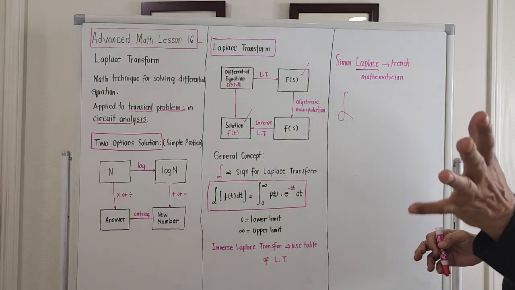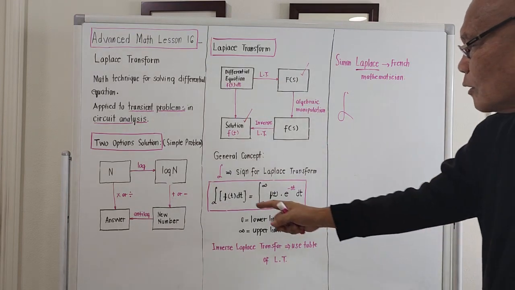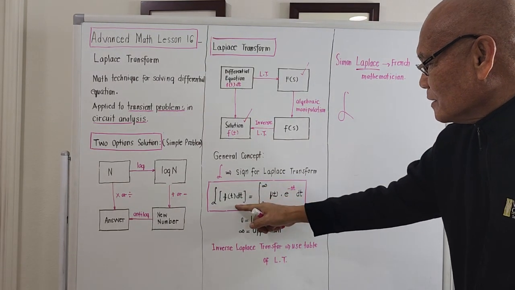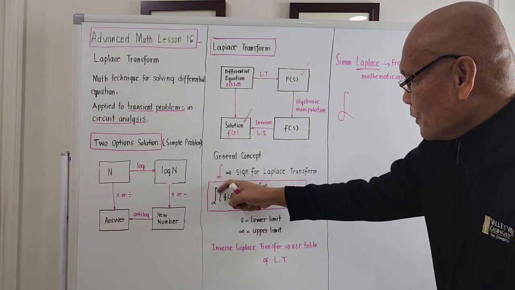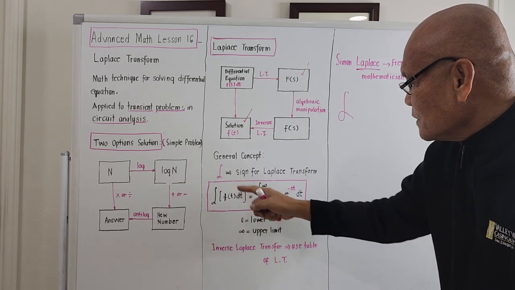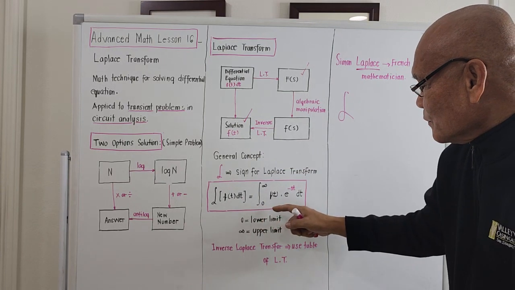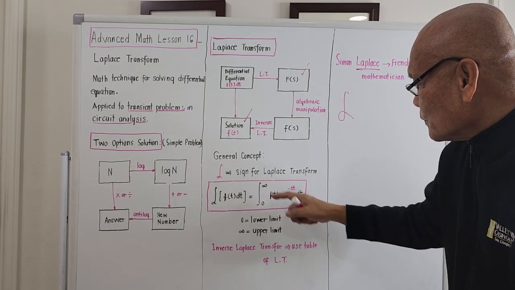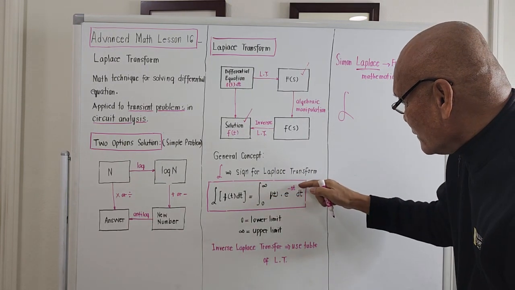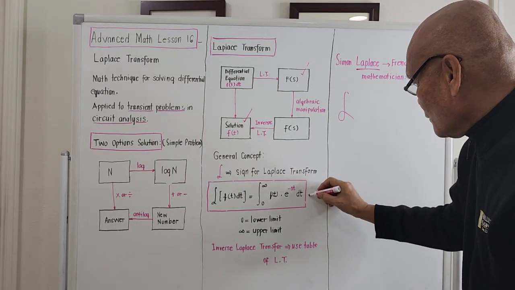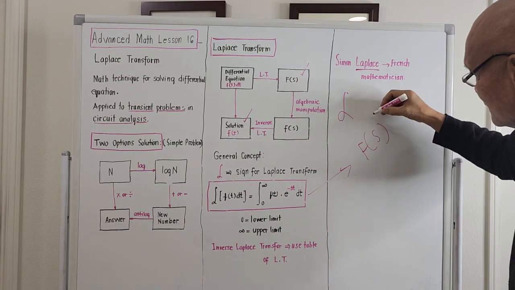Okay, let's try to bring out the general equation and how to take the Laplace transform of any given function of t dt. The Laplace transform of function of t dt should be equal to the integral, with the limit from 0 to infinity, of that given function of t dt multiplied by e raised to minus st. If we use this equation here, what will come out will be a function of s.